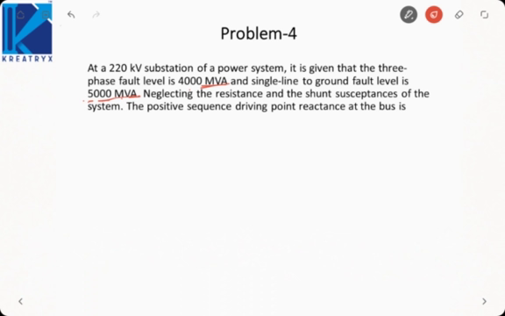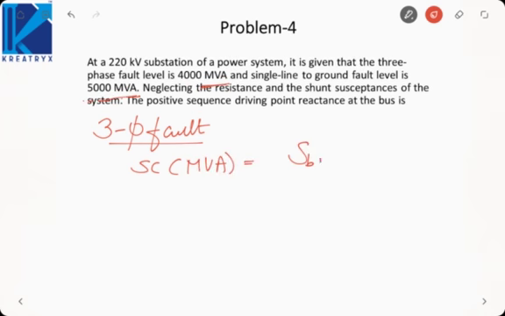impedance. Now we know for a 3-phase fault or a symmetrical fault, the short circuit MVA is actually S base upon mod Z1 in pu.